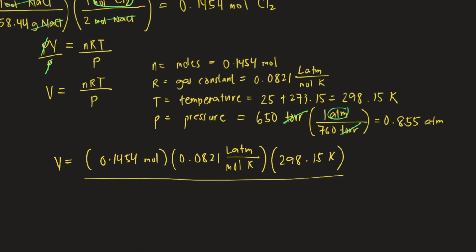Divided by pressure is 0.855 atm. So if we check for the units, moles will cancel, atm will cancel, and Kelvin will cancel. We are left with liters, which is the unit of volume. So if we solve for volume, the answer is equal to 4.16 liters. And this is the answer to the question.